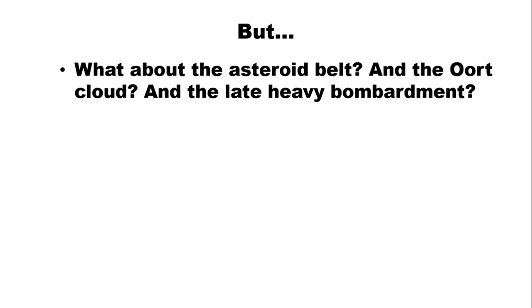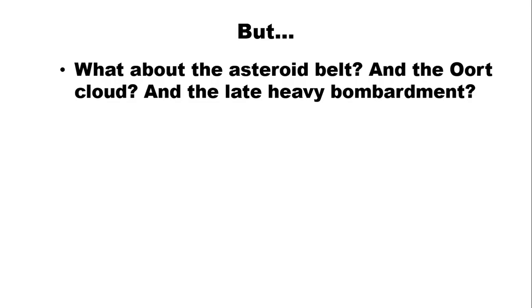However, there are a few problems remaining. One is that there are still features of the solar system we haven't explained. Things like the asteroid belt. Why did that material not accrete into a planet in that very large gap between Mars and Jupiter? The Oort cloud. Why is the Oort cloud spherical when the rest of the solar system is flat?